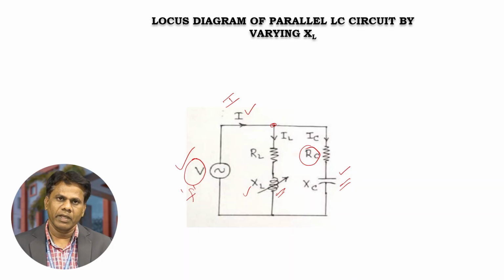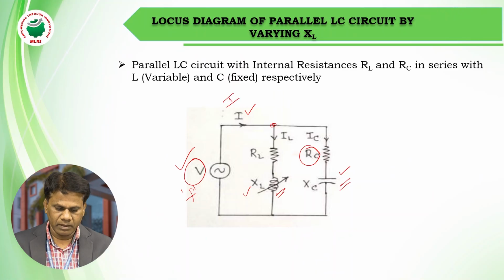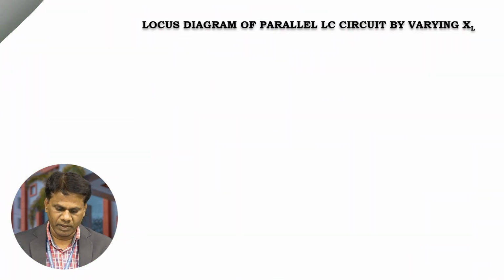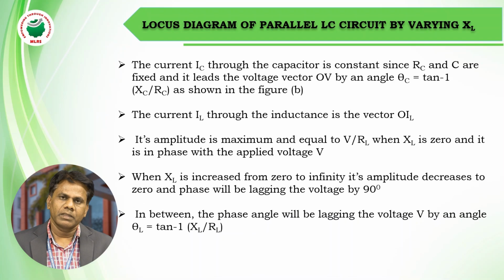For this circuit, we have to draw the locus diagram. Taking the LC circuit as shown in the figure, we draw the locus diagram for the parallel LC circuit by varying XL. This is the case where the inductive reactance XL varies with respect to the capacitive reactance.